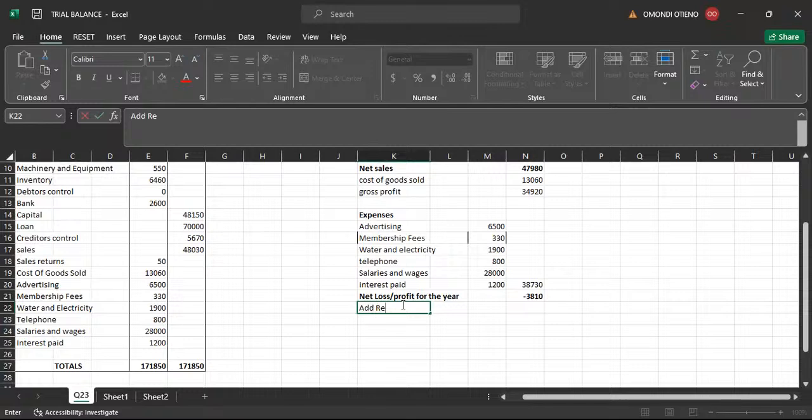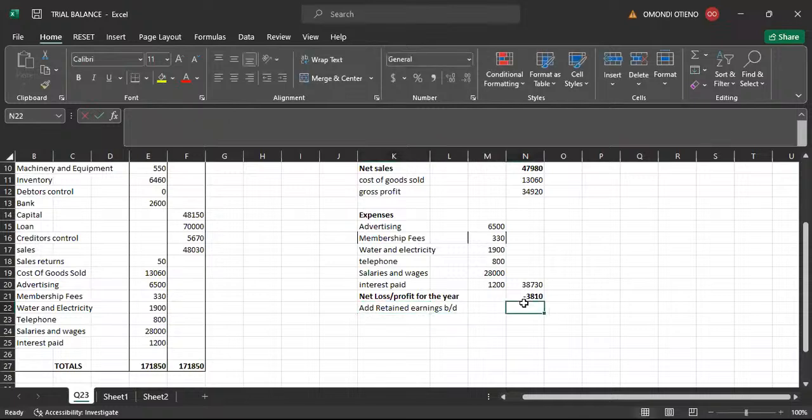Other comprehensive income, yes. We are going to add other comprehensive income, that's good. And then once other comprehensive income is added, of course, that's what will give us the net profit for the year. Then we are going to add what we call retained earnings. Retained earnings brought down or brought forward.